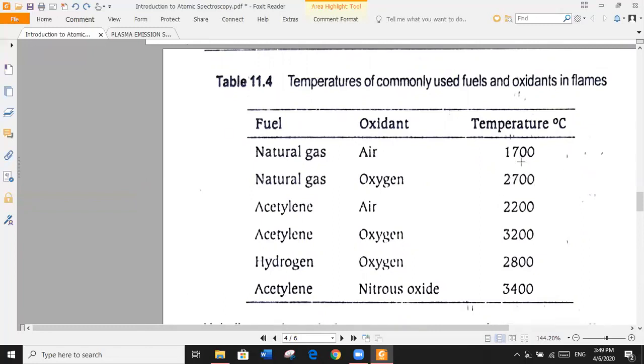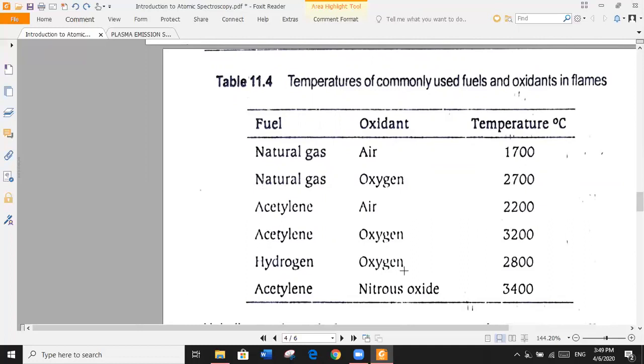Oxygen, for oxygen it is the oxidant. For natural gas, temperature may rise up to 2700 degrees centigrade. In case of acetylene, it is 2200 degrees centigrade. It can be with oxygen. It can reach 3200 with oxygen.